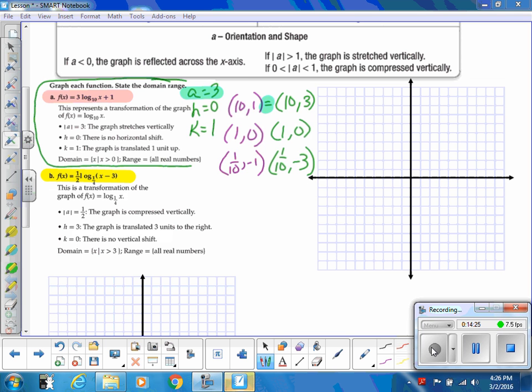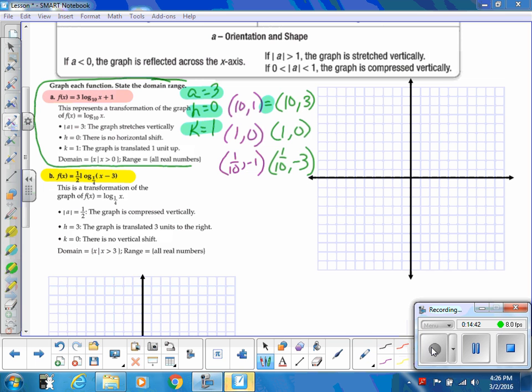Now, I have an H value of 0, so that doesn't affect anything. But I have a K value of 1. Well, K moves everything vertically up 1, doesn't it? So that means now I need to add 1 to each one of my y values.